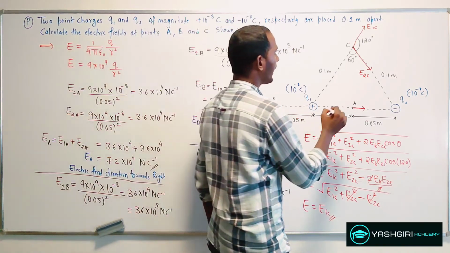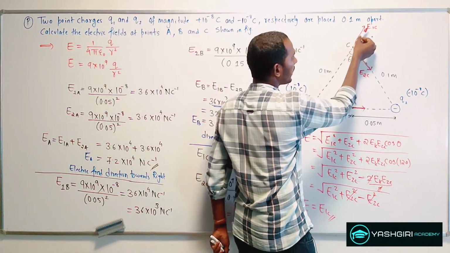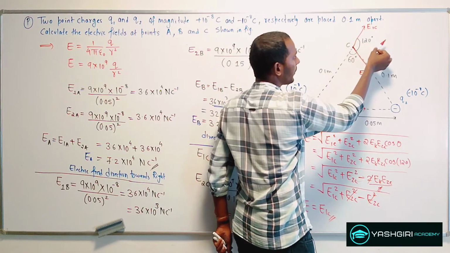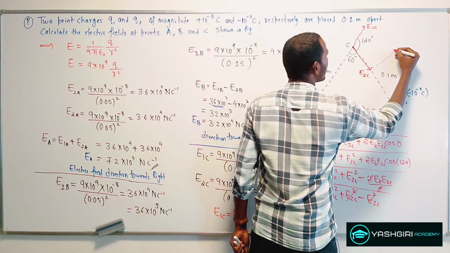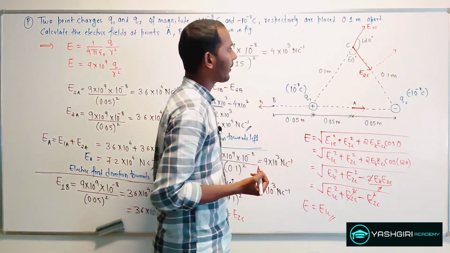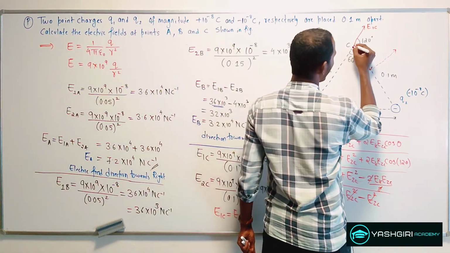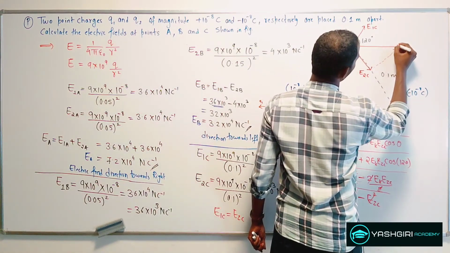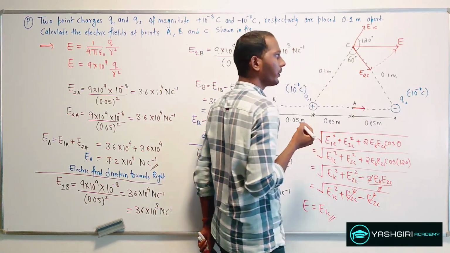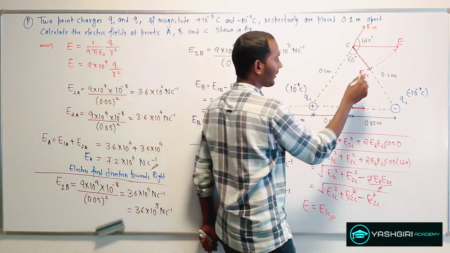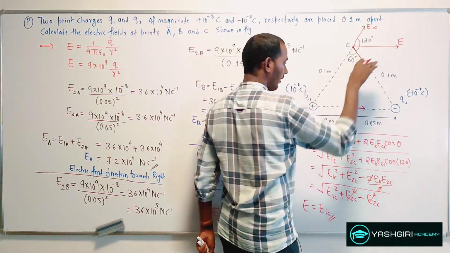Here I can show the resultant of these two vectors. If I shift this vector over here, I'll get something like this. That's the law of parallelogram addition of vectors, and the resultant I'll get is in this direction. So this is the magnitude and the direction of the electric field at this place, which is towards the right.